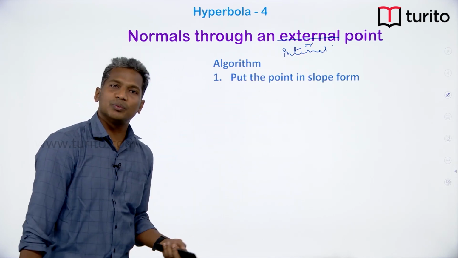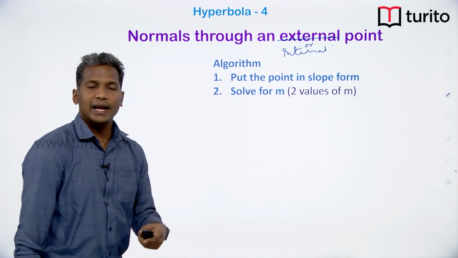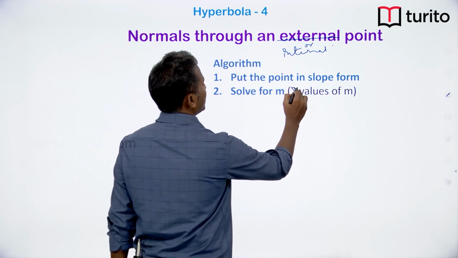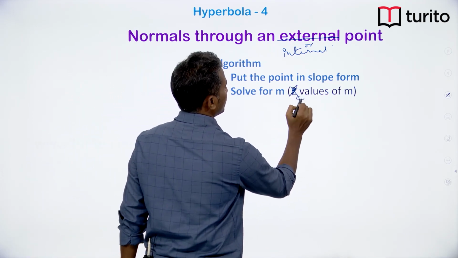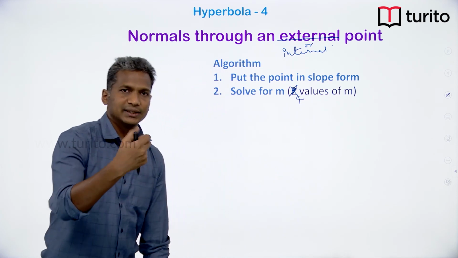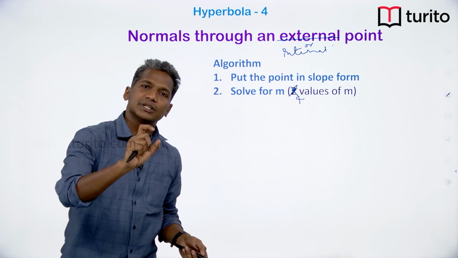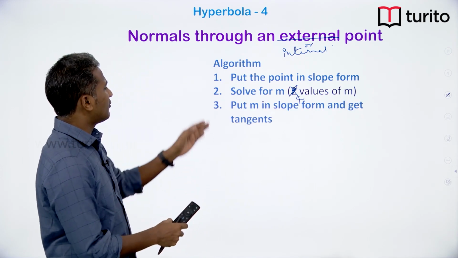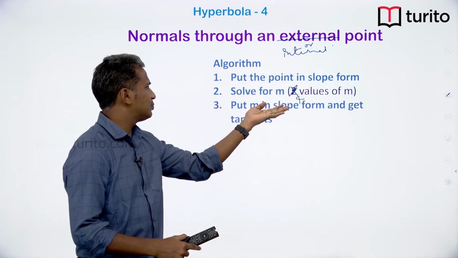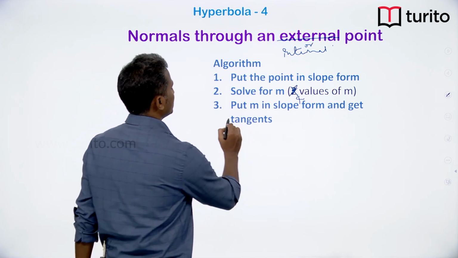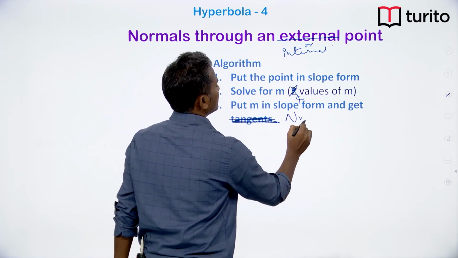It is the same process. Put the point in slope form, solve for m. Here we may not get 2 values, we may get 4 values, that we will check a little later. So we may get 4 values of m depending on the situation. And then after we get the values of m, we can put them back in the, okay, so this is not tangents, it must be normals.